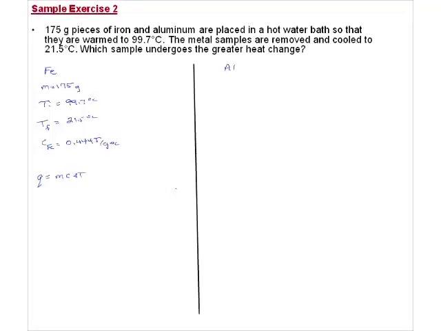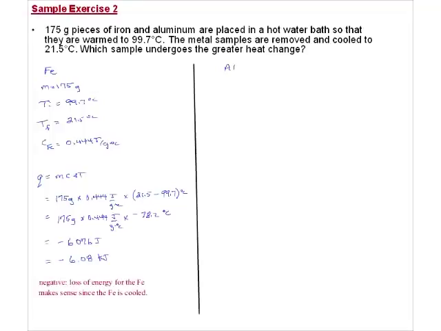So we put our values in here, and lo and behold, the grams cross out, the degrees Celsius cross out, and what we find is that the iron, because this is a loss of temperature, we're starting at 99 and we're cooling down to 21.5.